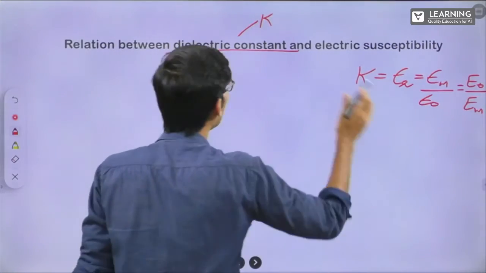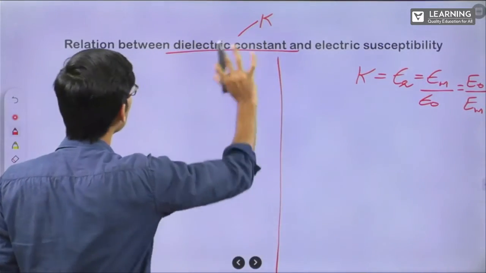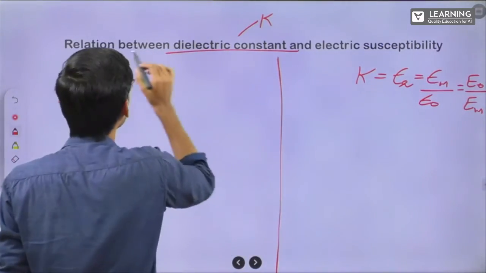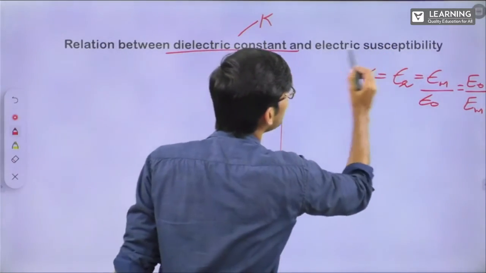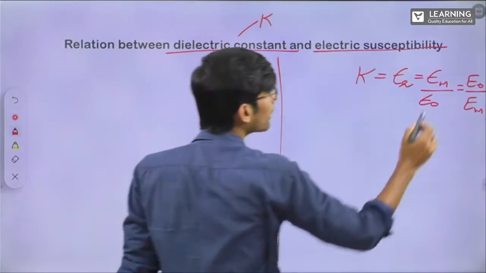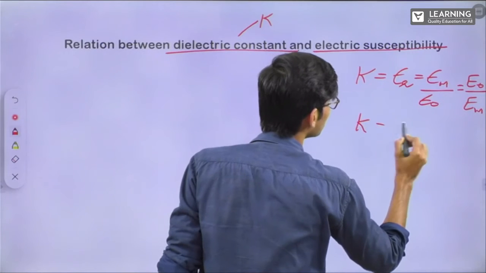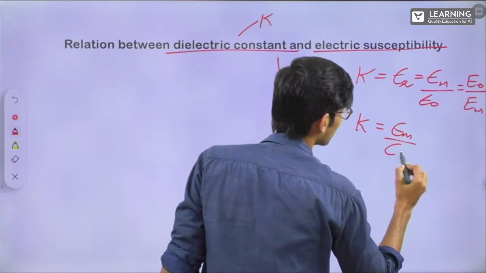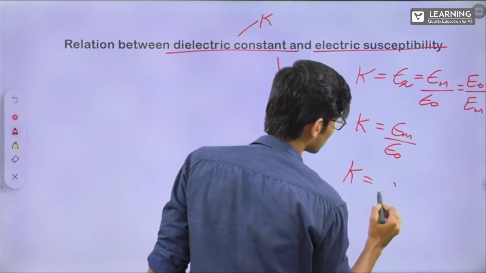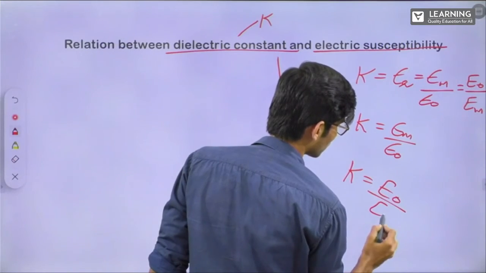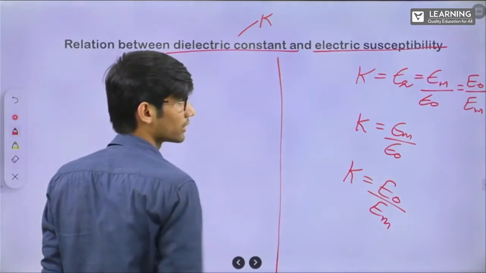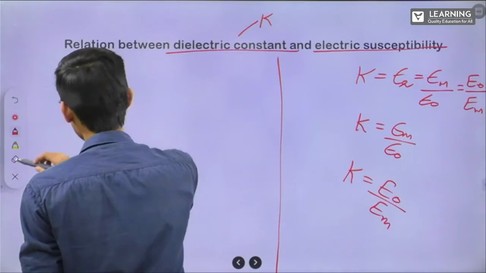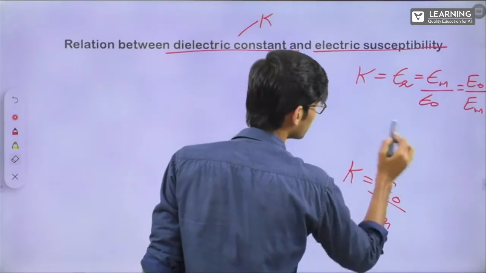Remember this. Now for this derivation, there are two ways to derive this relation between dielectric constant and electric susceptibility. One I'll get from this. This is epsilon, this is E. See here how it is done.